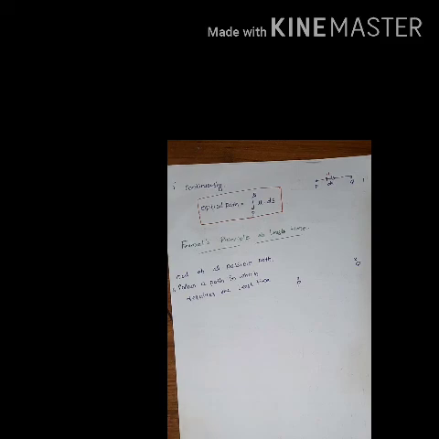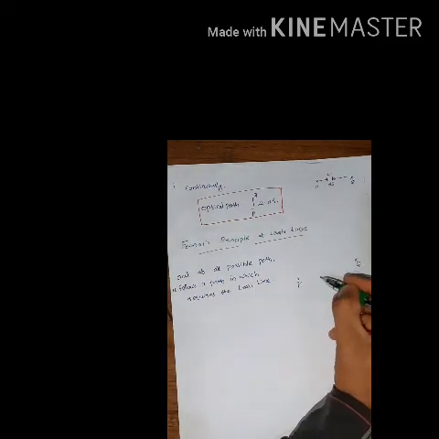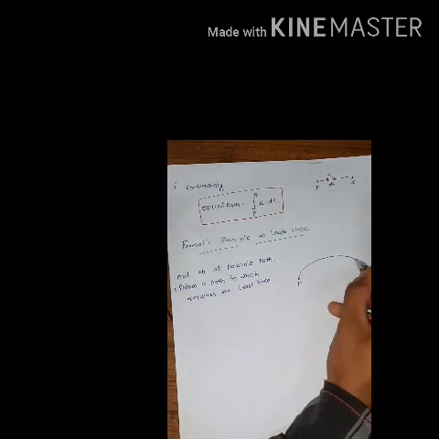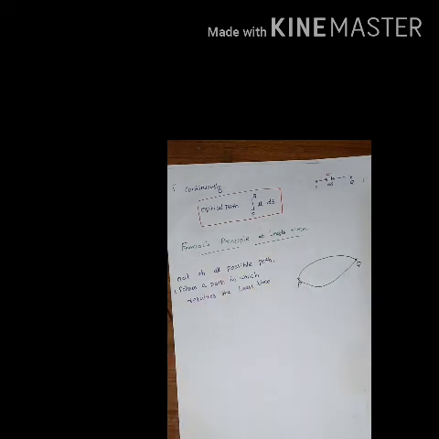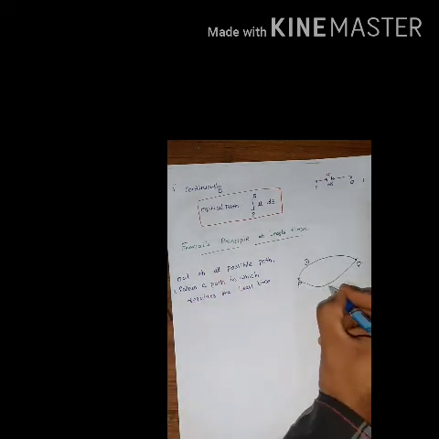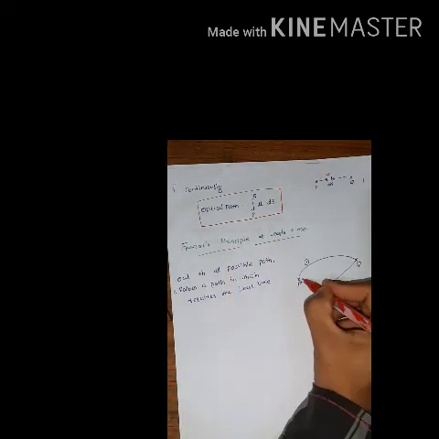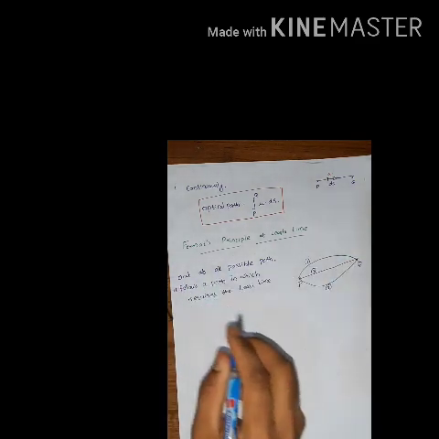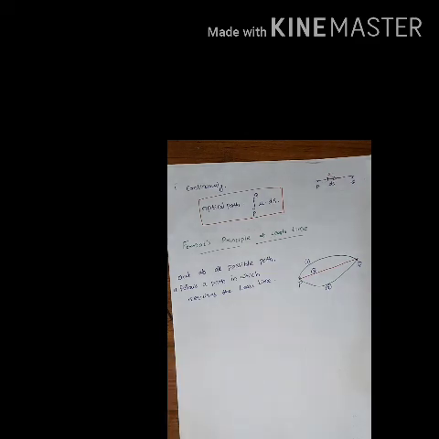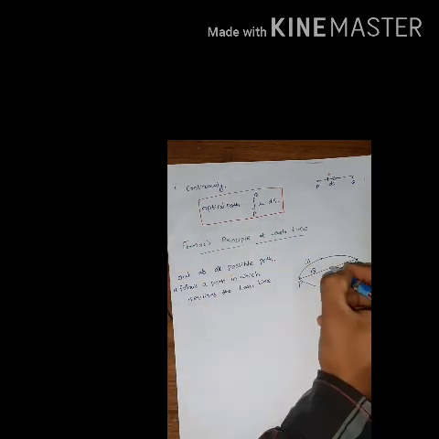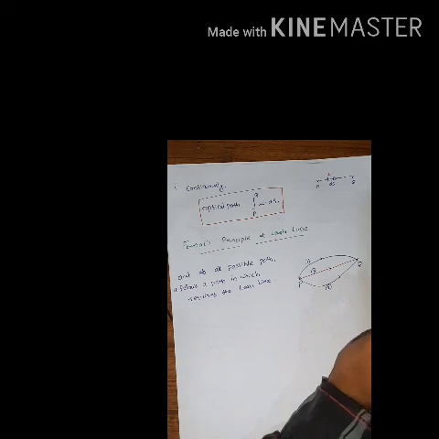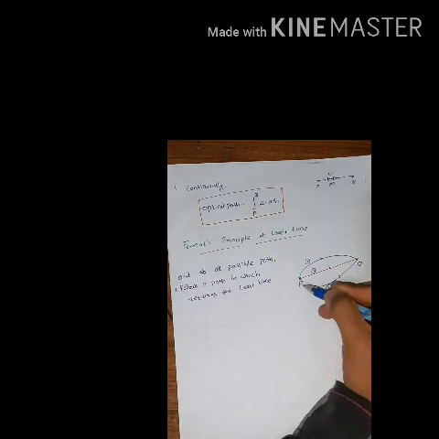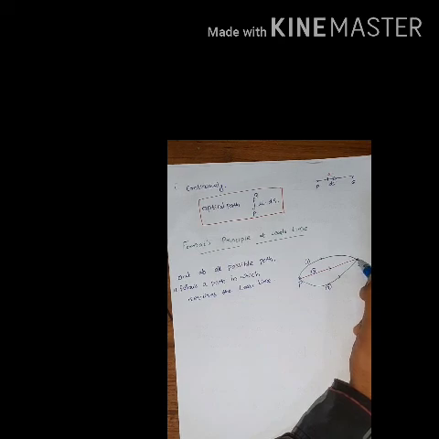We can mark these paths from P to Q. This is the first path, this is a second path, and there is another path like this, the third path, and there are a lot of other paths. An infinite number of paths are possible between P and Q, but out of these infinite paths, the light ray will choose the particular path in which the time taken to travel from P to Q is minimum, or the light ray requires the least time for traveling from P to Q.